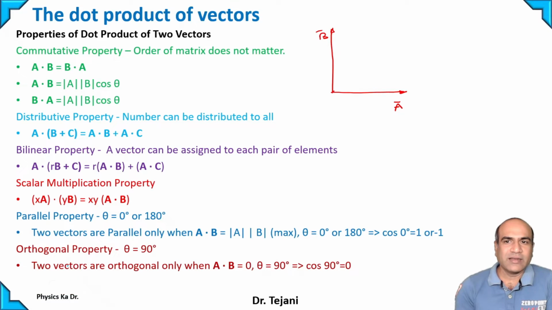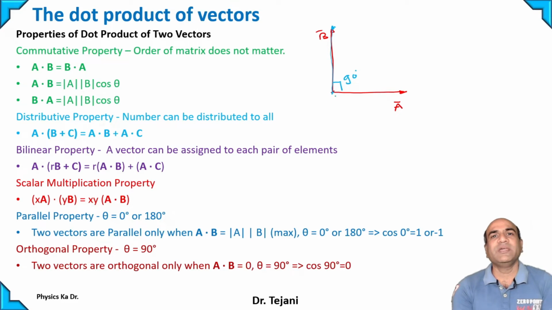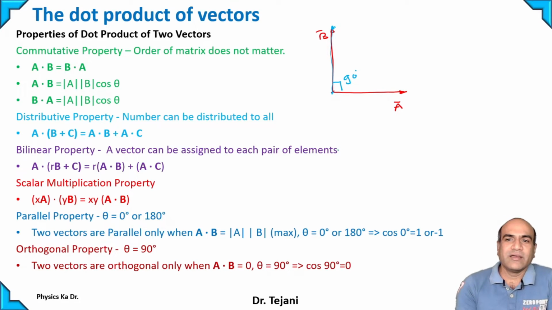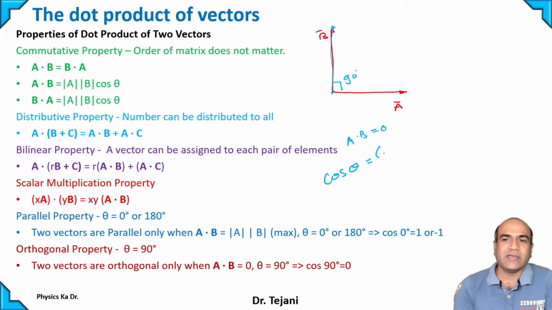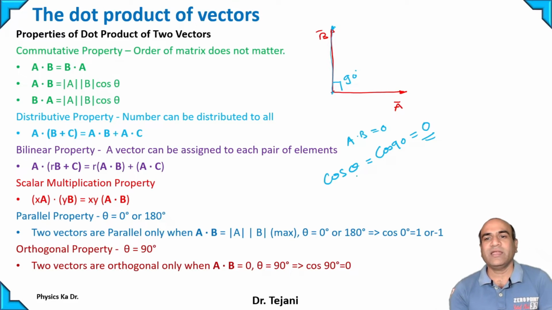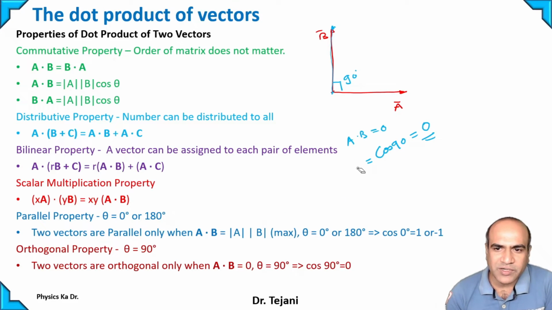Angle becomes 90 degrees, and therefore the projection of B, if we consider, then the projection of B is 0. Therefore A dot B is 0. Or ultimately you can see cos theta becomes cos 90, and cos 90 is equal to 0. Right.